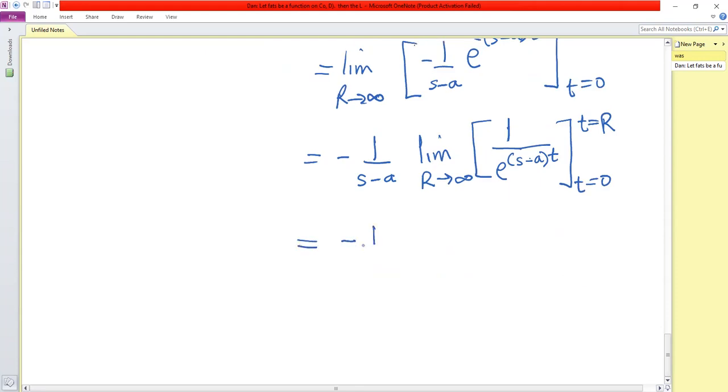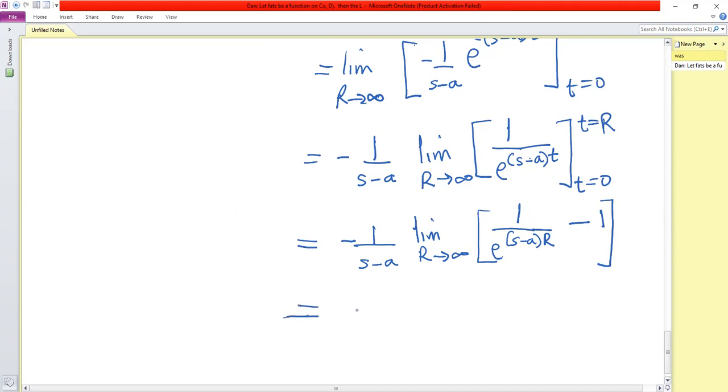This is the same as negative 1 over s minus a, limit as r approaches infinity of, for the upper limit, 1 over e raised to power s minus a times r, replacing t by r, minus, for t equals 0, e raised to power 0 is 1, 1 over 1 is 1. Then as r approaches infinity, this part will approach 0. So this will be minus 1 over s minus a times 0 minus 1.